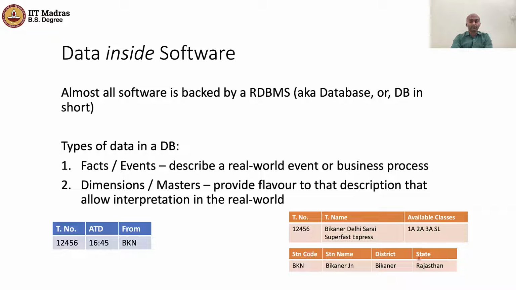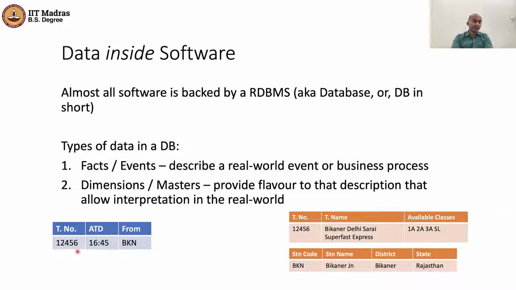So I've got the set of all stations that's available as a master table or a dimension table, and here station code is going to be in the exact same field format as the from column that's there in this fact table. And so from there I know BKN refers to Bikaner Junction, it's part of the Bikaner district of Rajasthan, right?